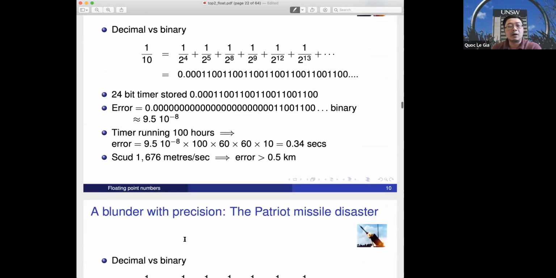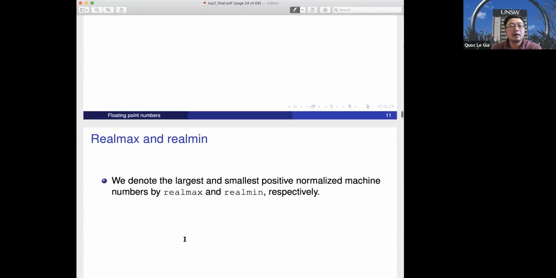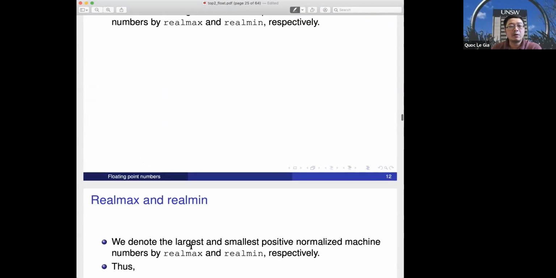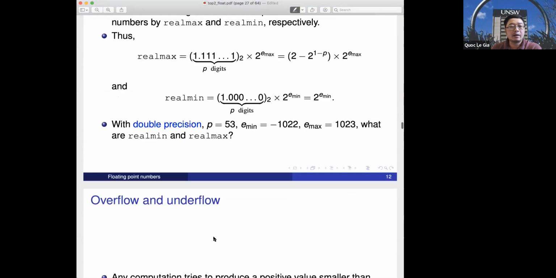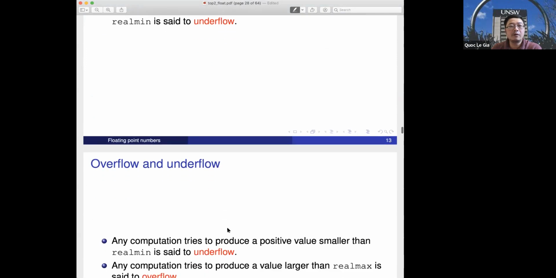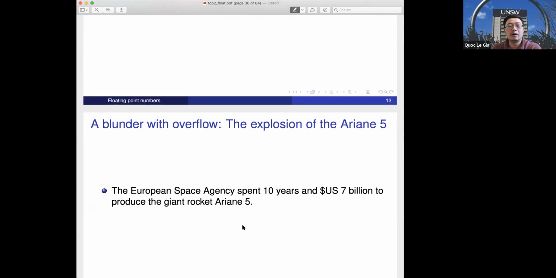Then there was a case about real min and real max where they didn't apply them correctly. They got underflow and overflow, and it caused a disaster in the space industry.